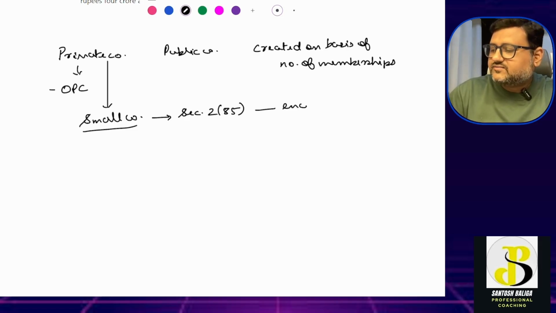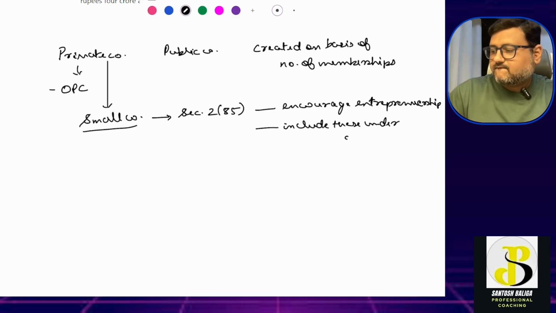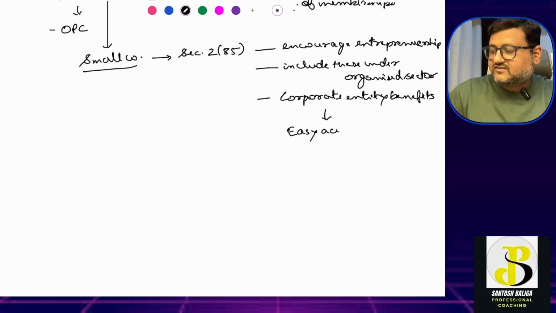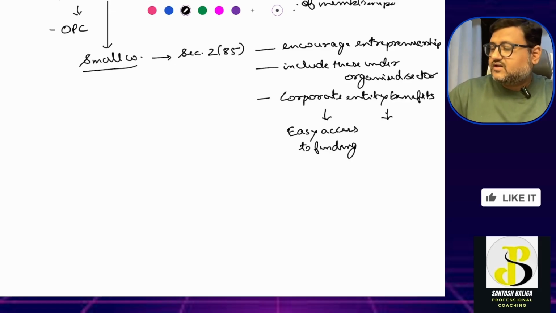Now why have they created a special category as small company? One thing is to encourage entrepreneurship, and include these under the organized sector. Also, there are many corporate entity benefits such as easier access to funding, and limited compliance requirements.